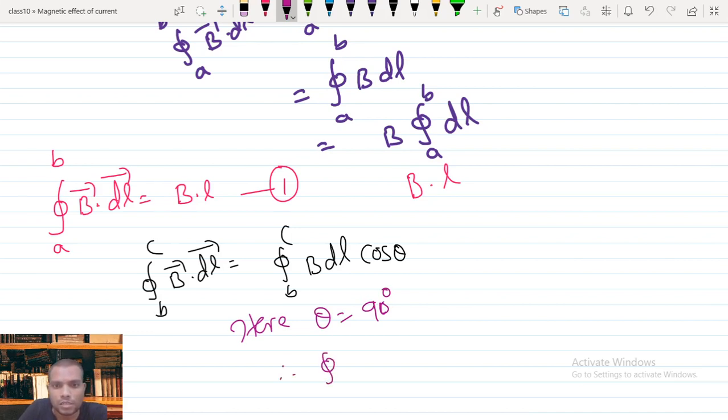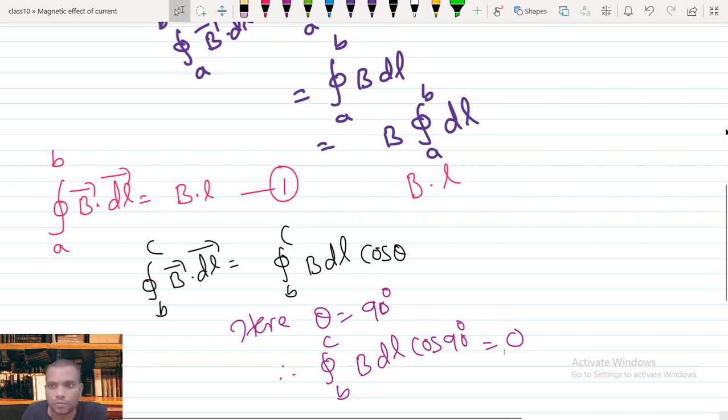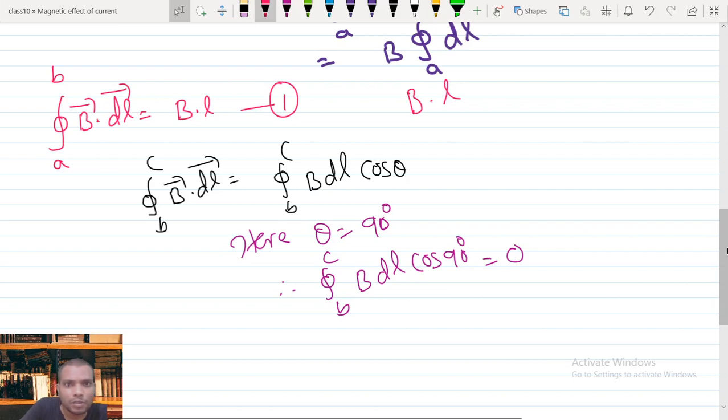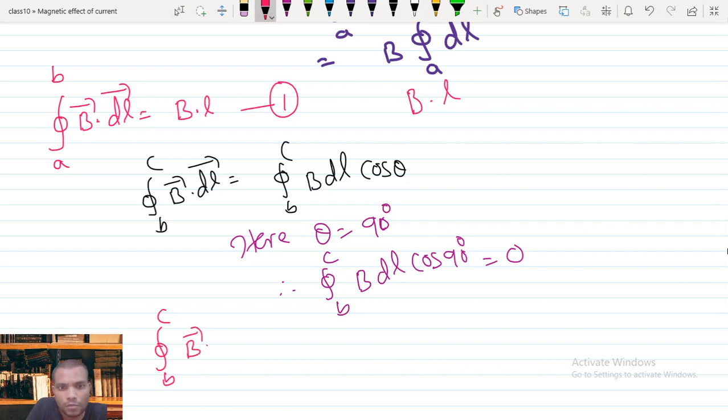Therefore, closed integral B to C, B dl cos 90 degrees is equal to 0. So for the second case, closed integral B to C, B bar dot dl equals 0. So this is my second case.